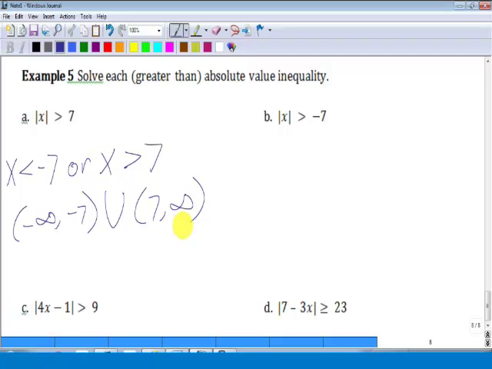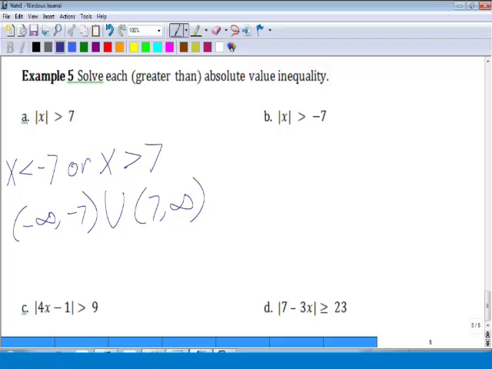All right, somebody pick a number from -infinity to positive infinity. 0. What's the absolute value of 0? 0. Is that greater than -7? Yes. Someone pick another number. 100. What's the absolute value of 100? 100.